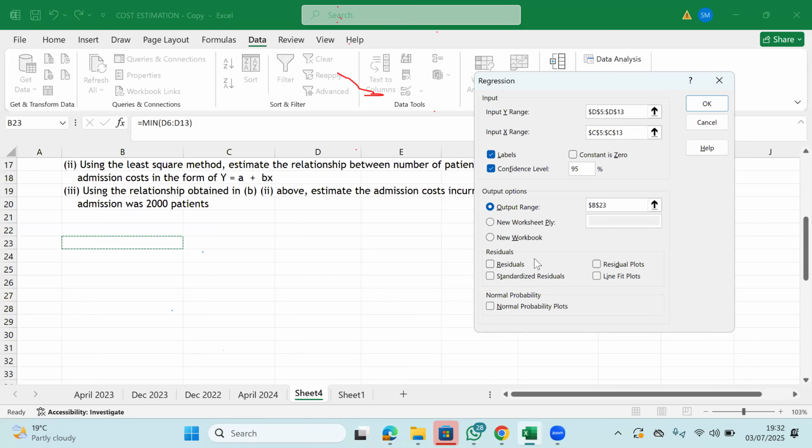I do recommend we do it in the same worksheet, starting from a particular cell. So you select the output range, then select the cell from which you want your results to start appearing.